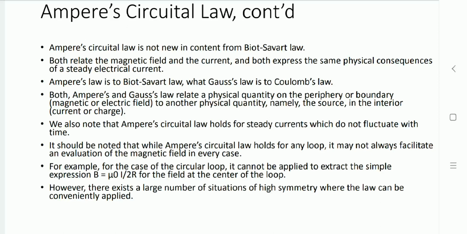Ampere's law holds for steady state current, which does not fluctuate with time. Ampere's law can hold for any loop, though it may not facilitate evaluation of the magnetic field in each case. Our expression for the magnetic field B is mu 0 I upon 2R for the field at the center of the loop.